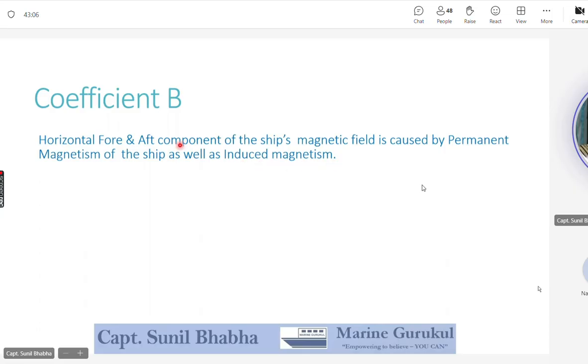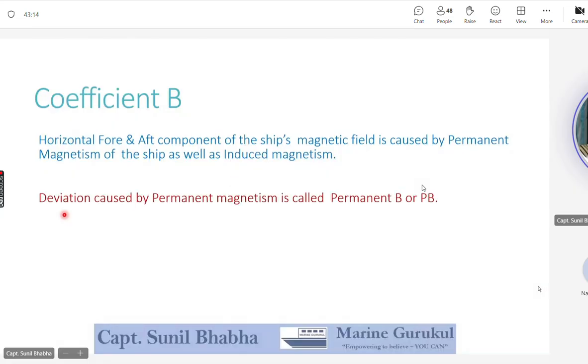So the contributing factors for coefficient B are both permanent magnetism as well as induced magnetism. The part of coefficient B generated by permanent magnetism is called permanent B, or in short PB, Papa Bravo. And that part of coefficient B which is generated by induced magnetism is called induced B, or in short IB.